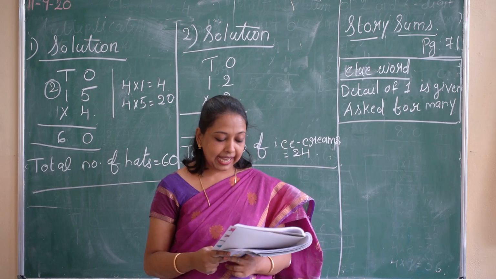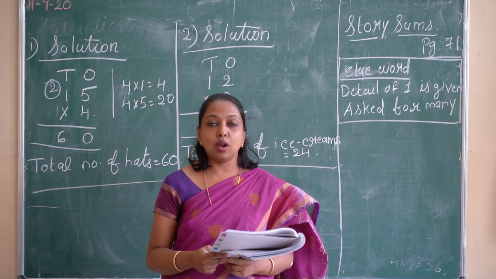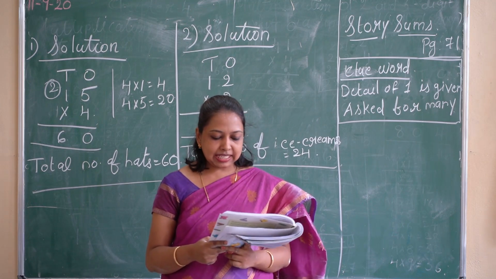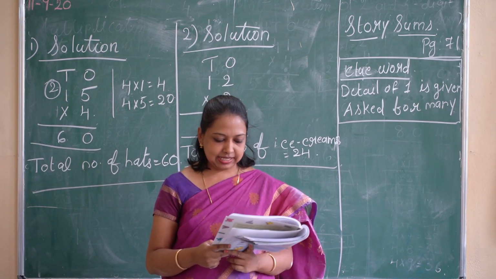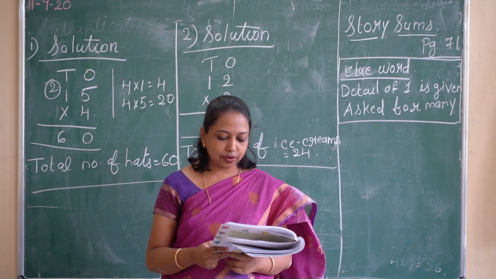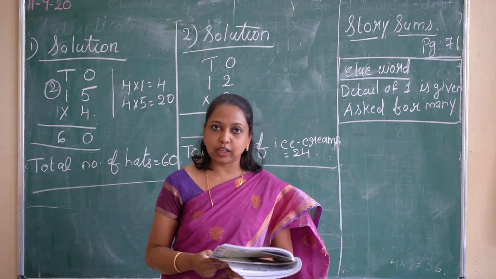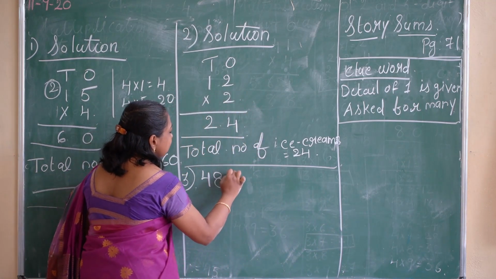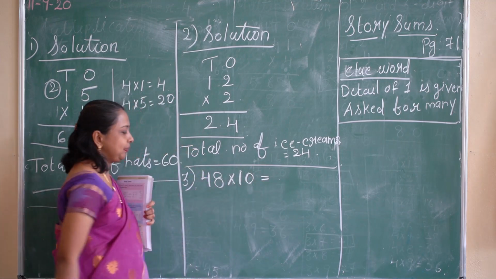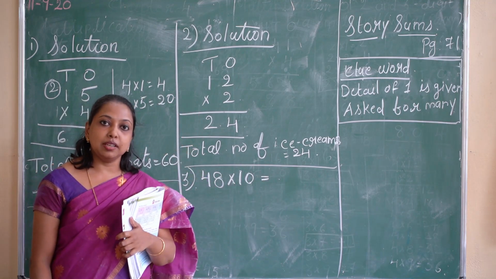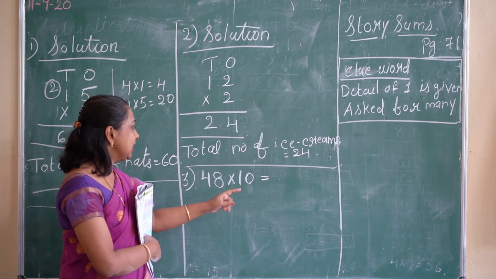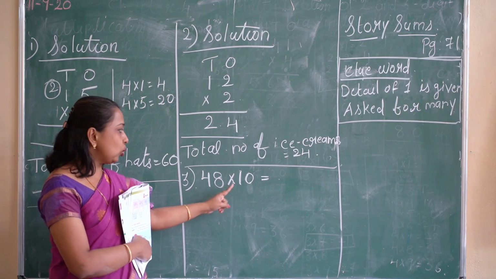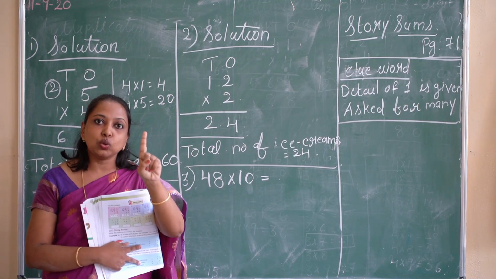So, what is 48? Number of mangoes in one basket is equal to 48. And the number of baskets is equal to 10. And what you have to find? You have to find the total number of mangoes. So, what do you have to do? 48 multiplied by 10. Always remember, if you want to multiply any number by 10, you just write the number and write 0 to the right of that number.